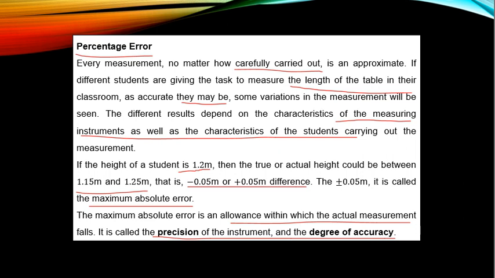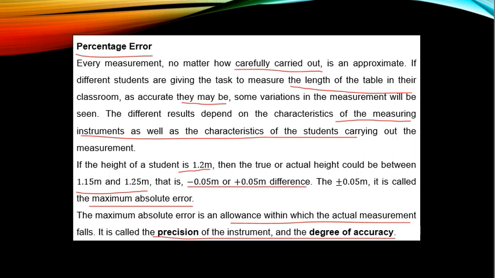What that means is that in every measurement we try to give an allowance, we try to give room for error. Now, if the height of the student is 1.2, because of the measuring instrument, it could be between 1.15 meters, that is 0.05 meters less, or 1.25 meters, that is 0.05 more.